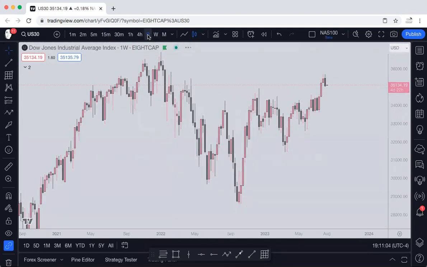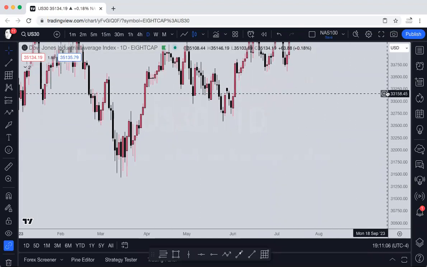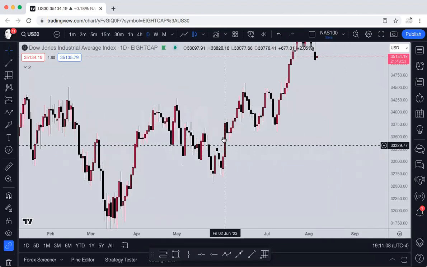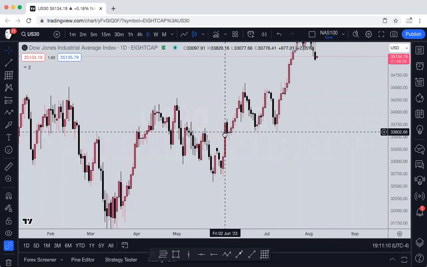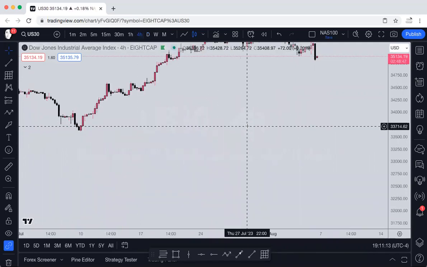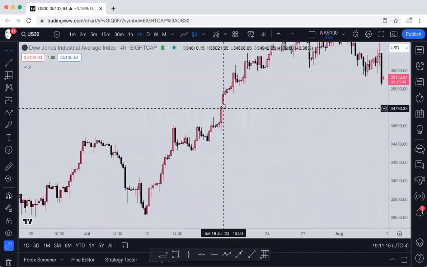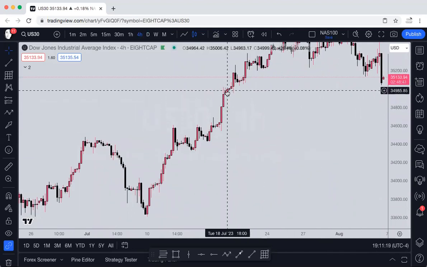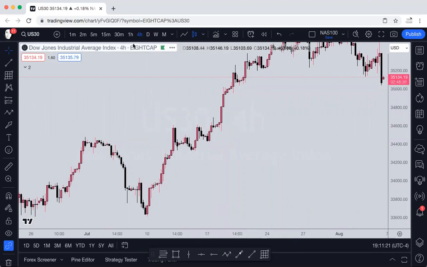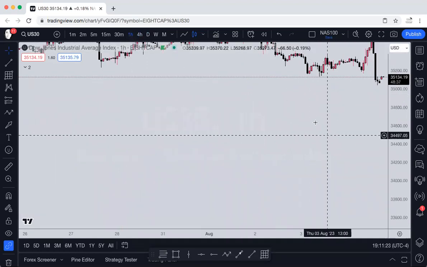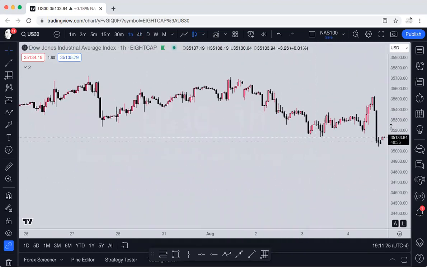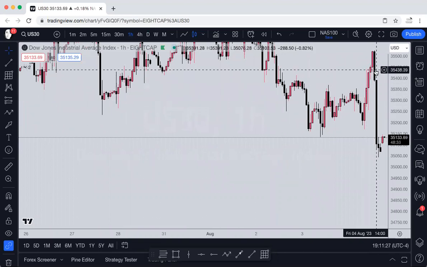Daily means that each candle represents 1 day, right? 24 hours. 4 hour. I know it's redundant at this point, but each candle represents 4 hours of time. 1 hour. Each candle represents 1 hour of time.